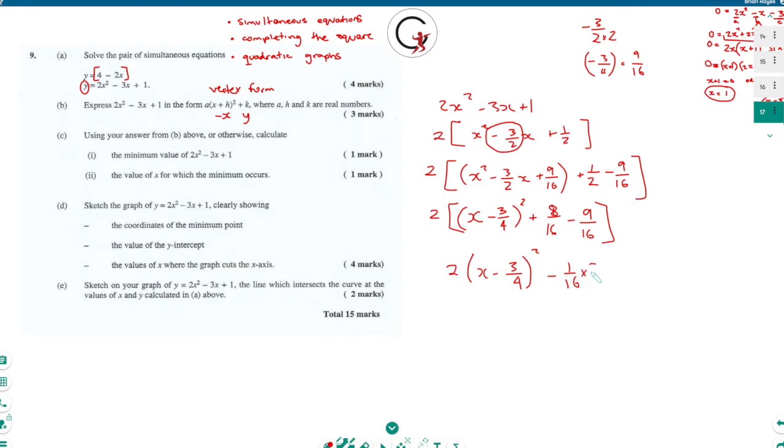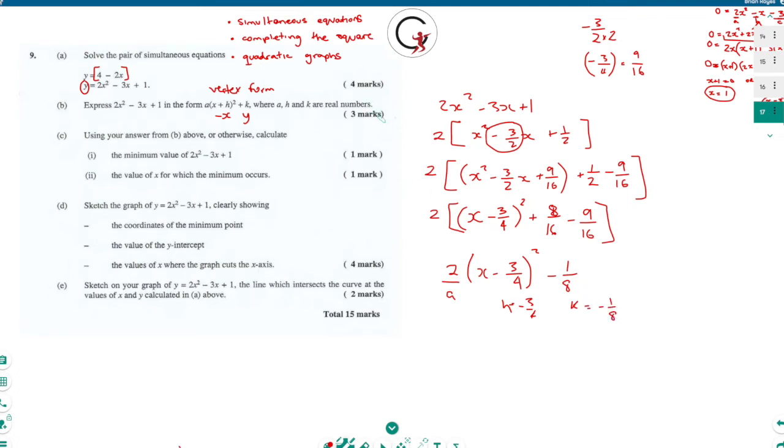So if we multiply that by 2, what's 2 over 16? 2 over 16 simplifies to 1 over 8. This right here is in the form that we're looking for, a(x plus h) all squared plus k, where a is 2, h is negative 3 over 4, and k is negative 1/8.